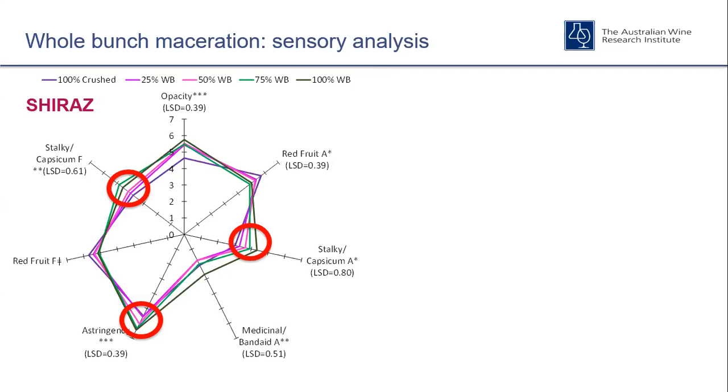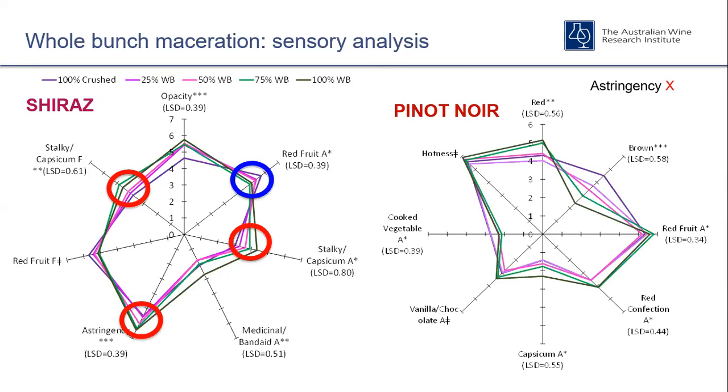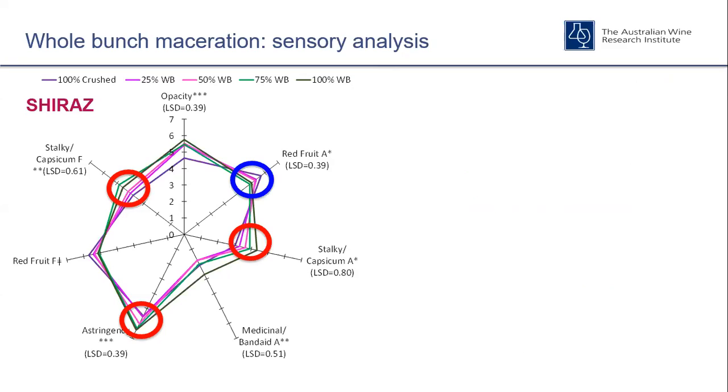But here we also have a question around the type of tannin, so it's larger and potentially more aggressive astringent tannins. We saw also that there was decreases in red fruit aroma, and this was really not compensated by increases in dark fruit flavor with those wines.